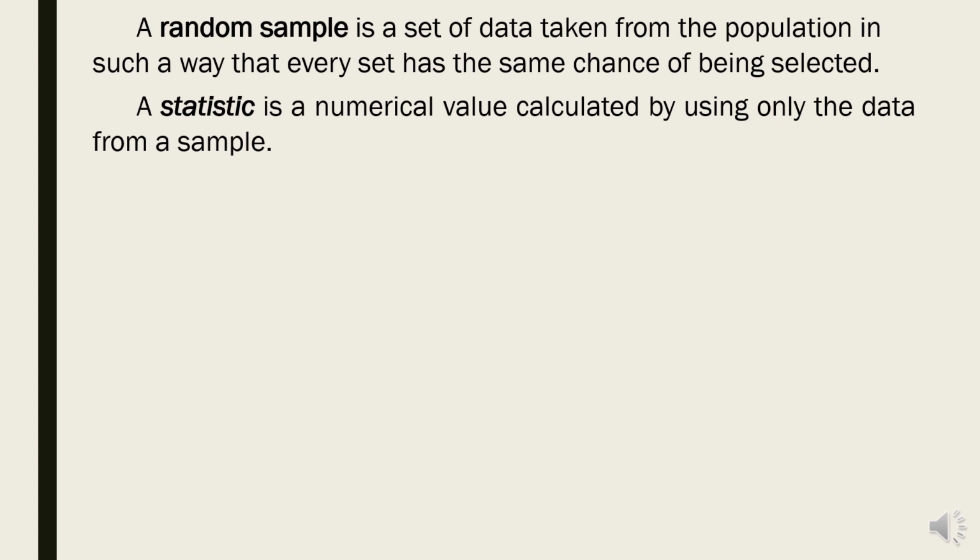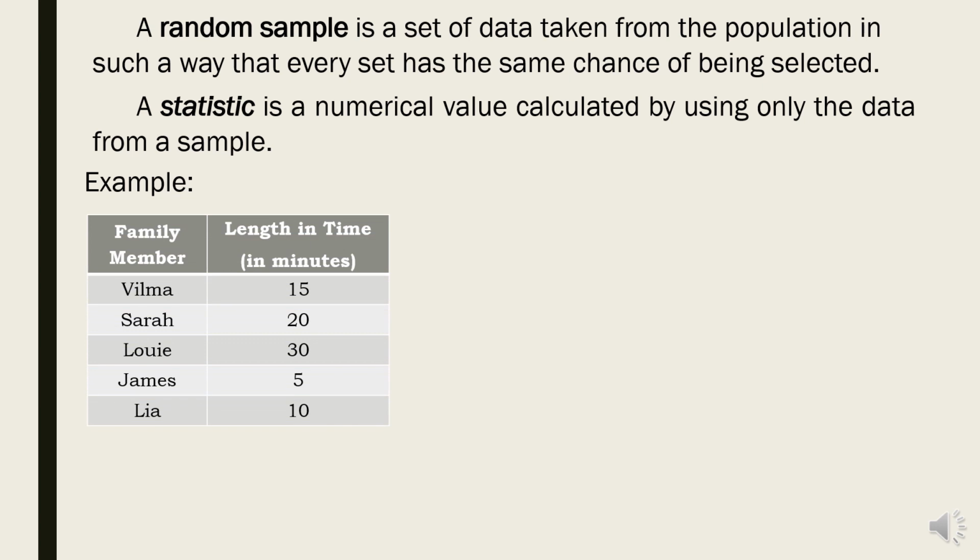Now, let us consider the same set of data. We have a family that consists of 5 members. But how about if we only pick 2 samples from these 5 members?